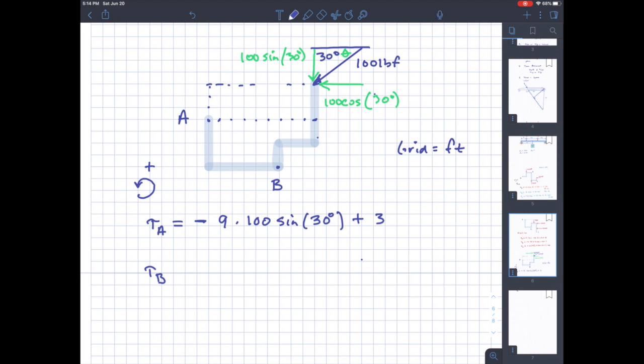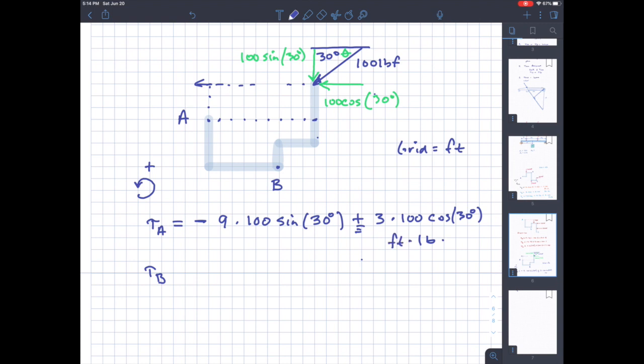That would be 3 times 100 times the cosine of 30 degrees, and we should also check to make sure that the rotation is correct. If this was pushing horizontally, this would cause a counterclockwise rotation, and in fact we do need the plus sign. You calculate that, and that's the answer in foot-pounds.